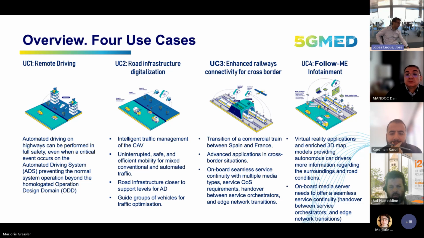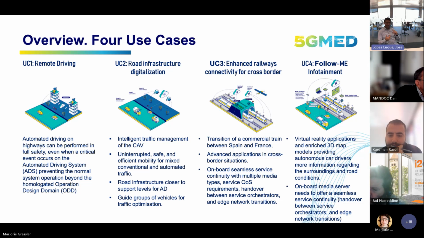Use case 3 is the most complex use case, I would say, because it has 4 different sub-use cases inside, and it's dealing with things like also obstacle detection, but with the train, with a LiDAR. It's dealing with IoT sensing for all the operation of the train to improve the efficiency of the operation for the railway operator.